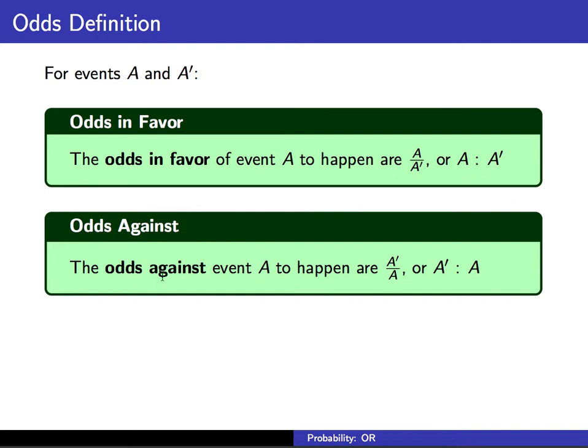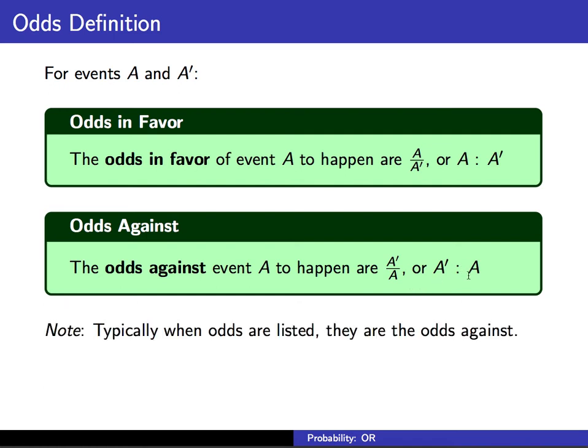The odds against event A to happen are the reciprocal of the odds in favor. So the odds against event A are A prime over A, or A prime to A. And typically when you see odds listed in context, they are the odds against, although it's not always the case, but more often than not, what they're listing are the odds against.